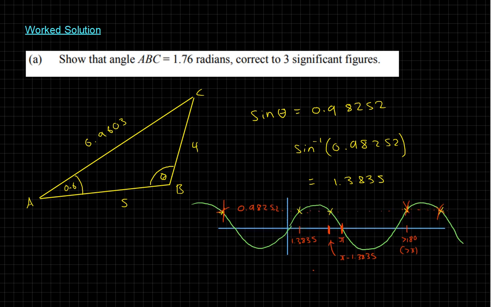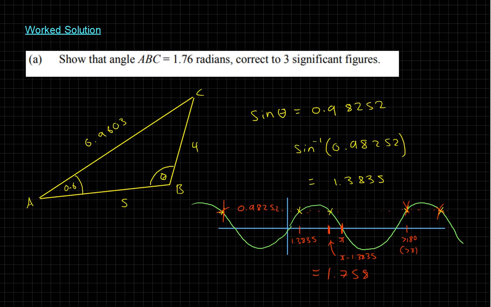That's equal to, on the calculator, 1.758. Okay, that's pi minus 1.3835. So both of these are possible solutions to the equation sine theta equals 0.98252, which are within the range of 0 to 180 degrees, or 0 to pi radians. So how do I know which one to take?